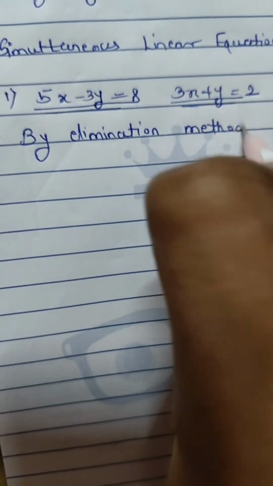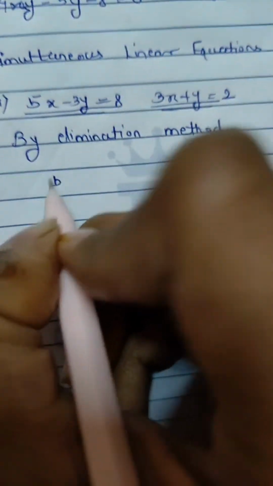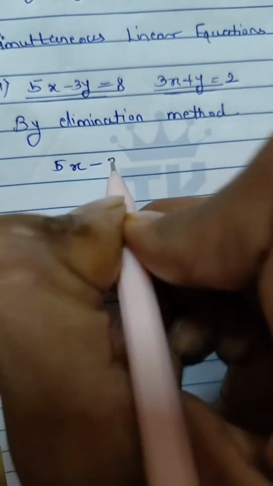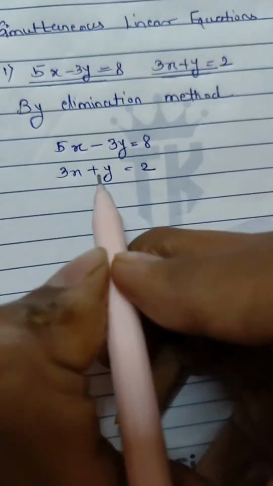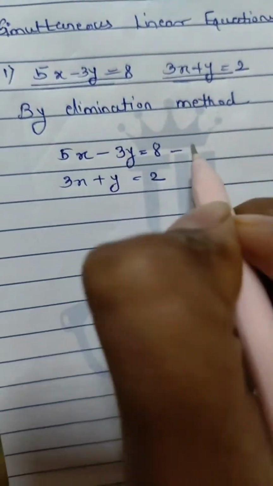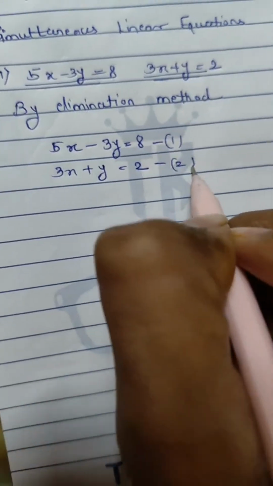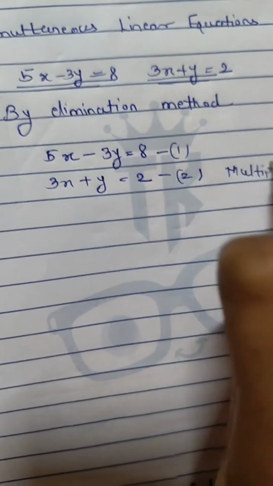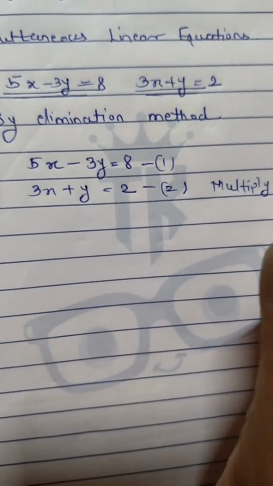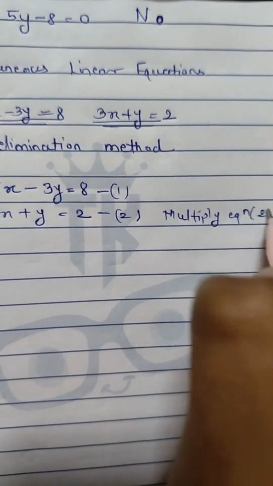Method. So we have the equations 5x minus 3y equal to 8 and 3x plus y equal to 2. Suppose this is equation 1 and this is equation 2.